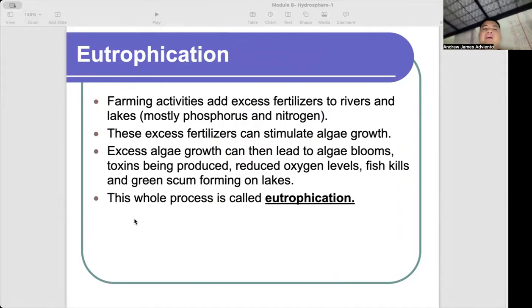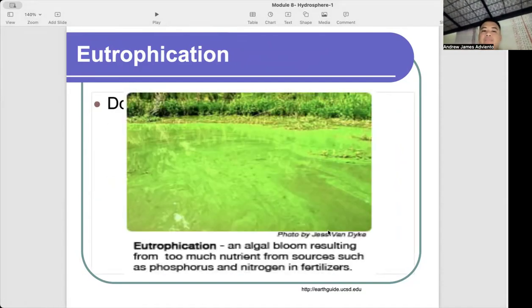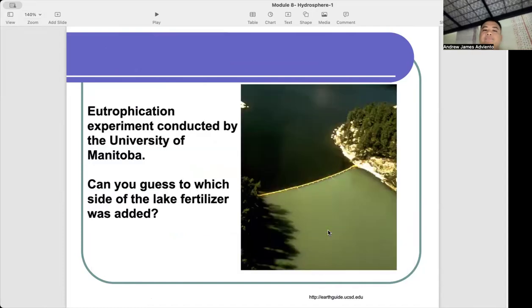Have you seen lakes turn green? That is called eutrophication. This is when fertilizers, nitrogen and phosphorus, enter water. So algae grow rapidly, oxygen decreases and fish die. So too many nutrients equals ecosystem collapse. It looks like this.